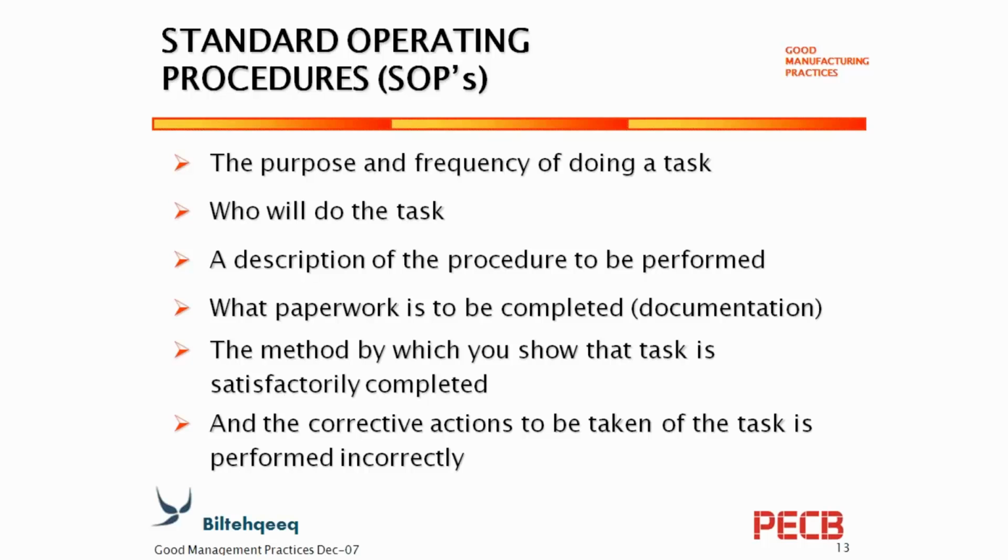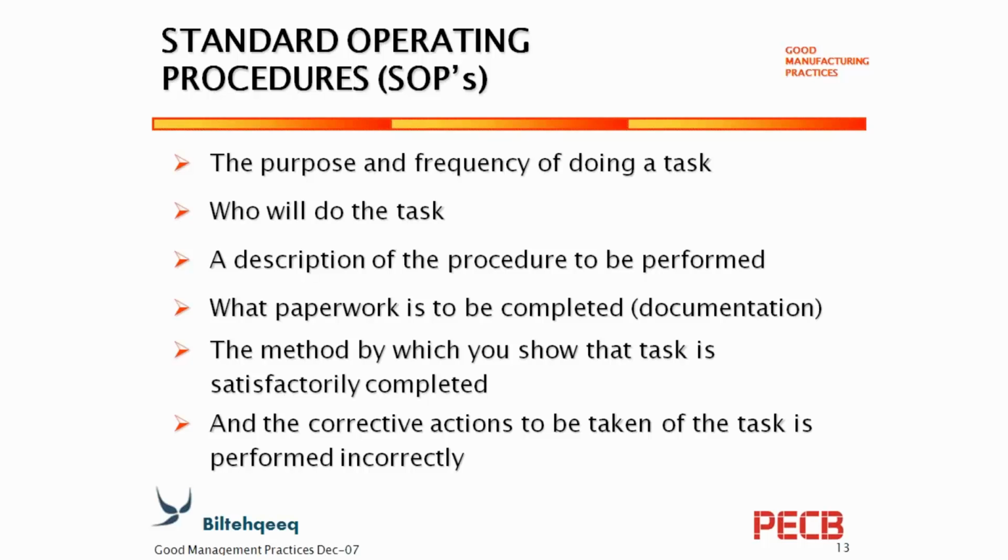And the next approach we use as a GMP is the standard operating procedure, SOPs. As you know, like other quality management systems, an SOP describes the purpose and frequency of doing a task, and it fixes the responsibility for who will do the task.